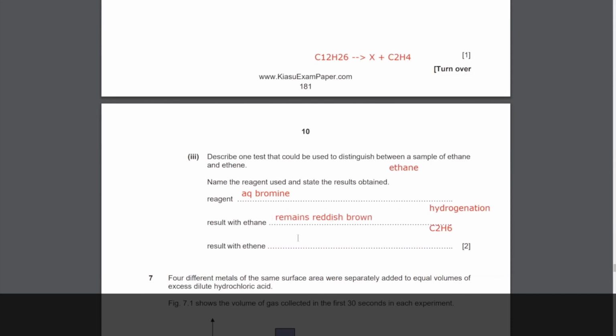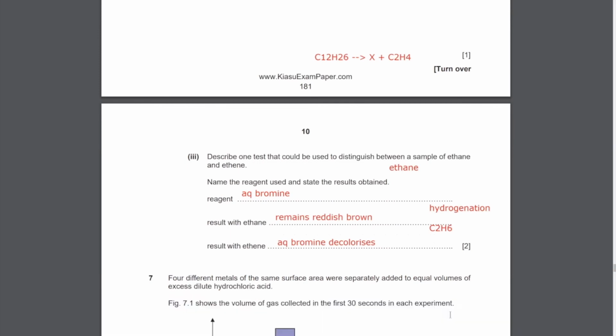With ethene, it decolorizes. So it's bromine that decolorizes, not the ethene decolorized. You have to write it like that, because in another question, if you did not say bromine decolorizes and you say the alkene decolorizes, then the answer is wrong. Okay.